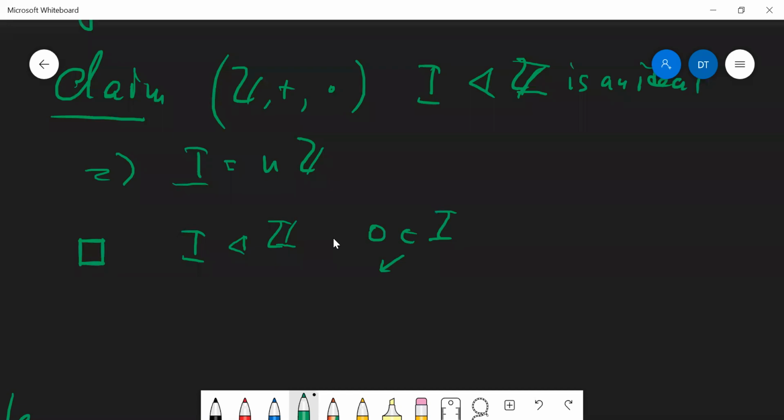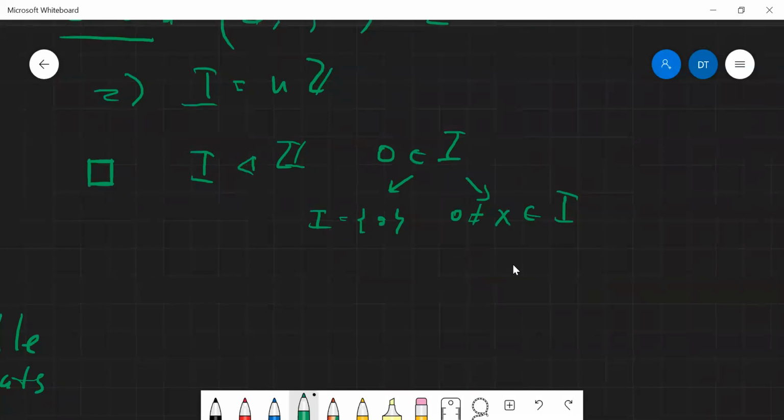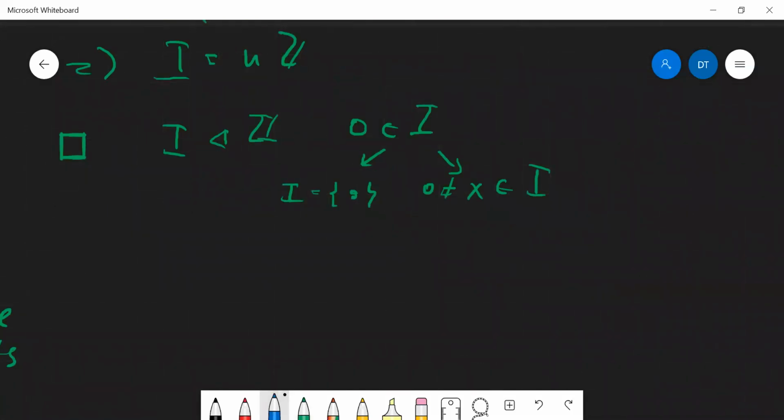Either there are no other elements except zero, or there is something inside I which is not zero. There is an integer which is not zero and it belongs to I. Well, in the first case, I is equal to 0 times Z, so it has the required form.